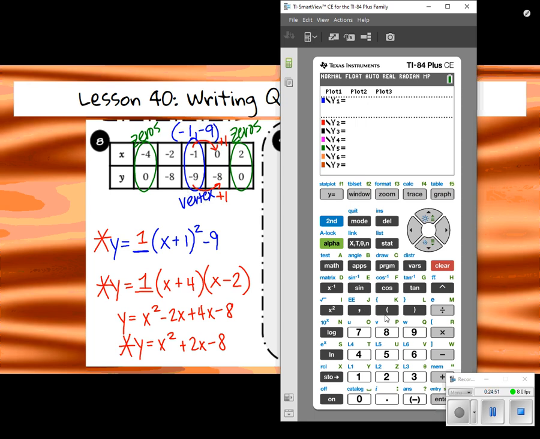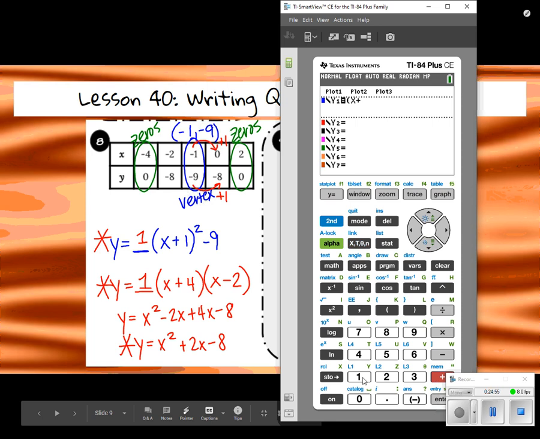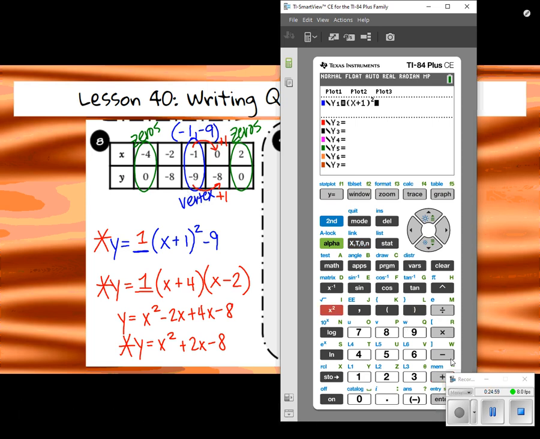Y equals, I'm not going to put the 1 in, x plus 1, those are up, squared minus 9. And then I can even do the x plus 4, and that x minus 2, do that one.